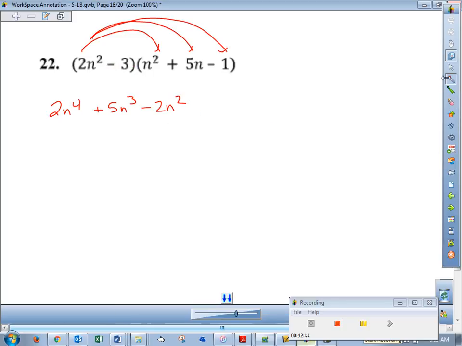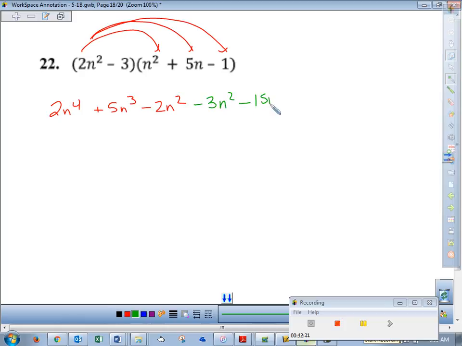Then I pick a different color, and I take not 3 times all of those guys, but what? Negative 3. Two dudes times 3 dudes should give you back 6 dudes. There they are. Now you check for like terms, and there are like terms.